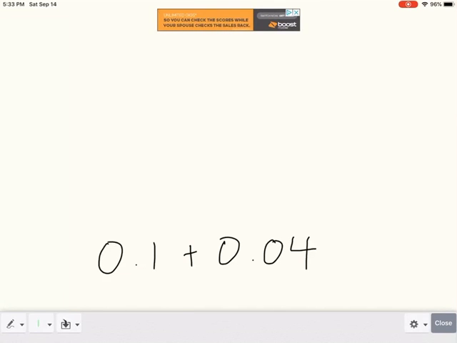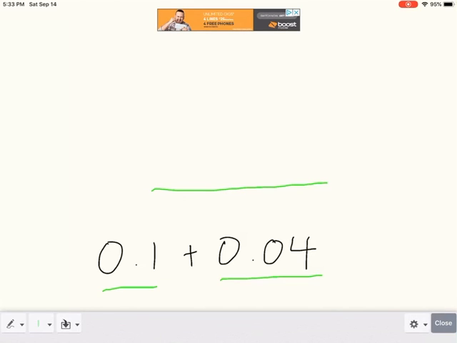So this is an interesting problem. You've got 0.1 and 0.04. Now the thing to remember when you're building the problem is to always line up your decimal points. And when you're writing your problem, if you don't completely understand yet which one's the bigger number, it's okay.